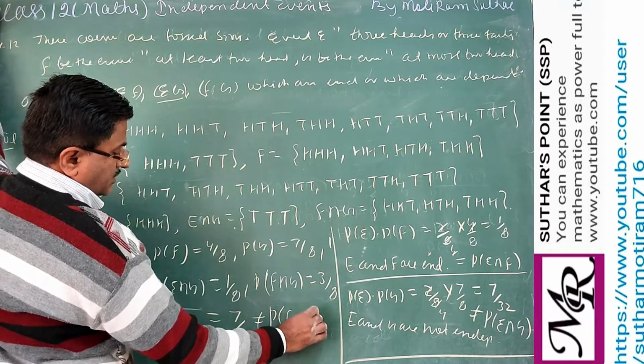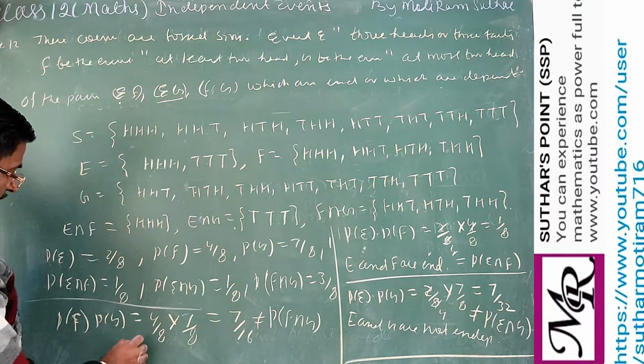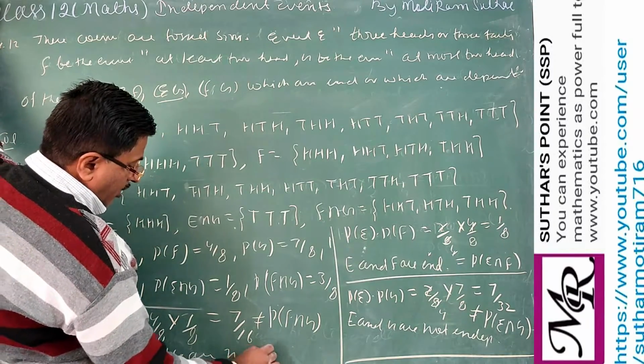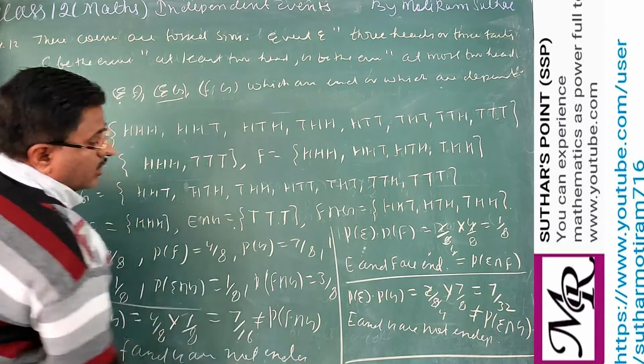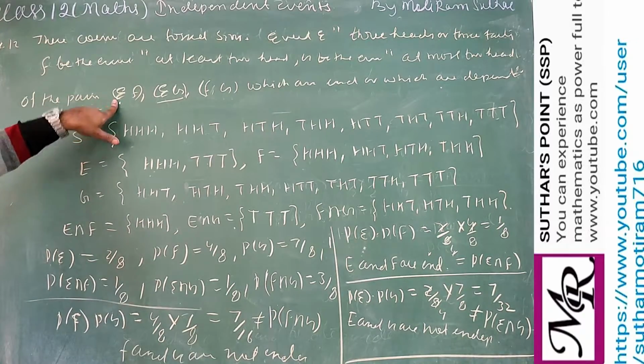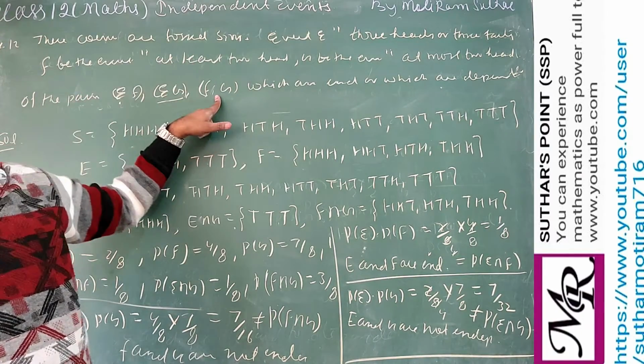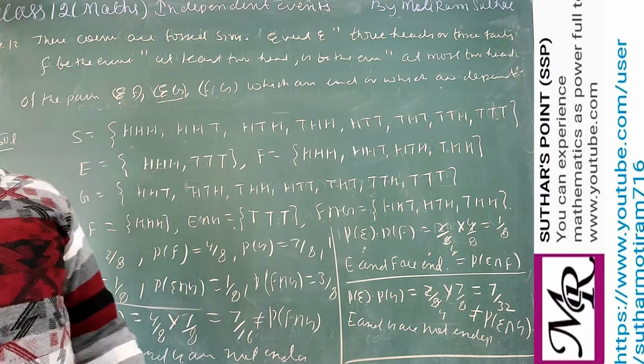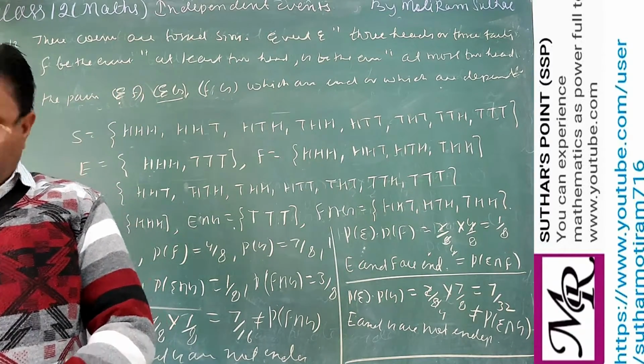So you can say F and G are not independent. So out of the pairs EF, EG, FG, only EF is the pair of independent events.